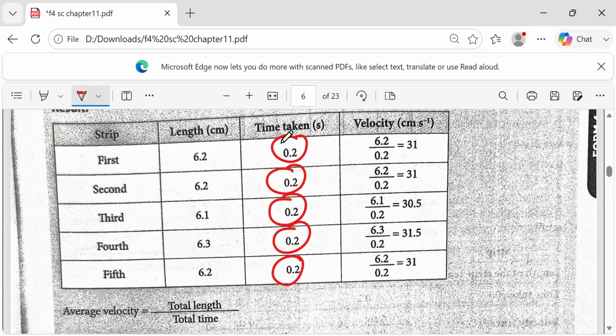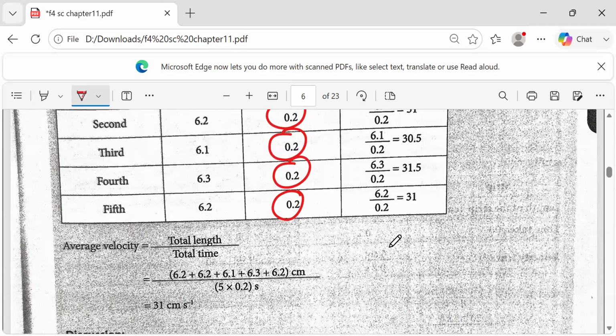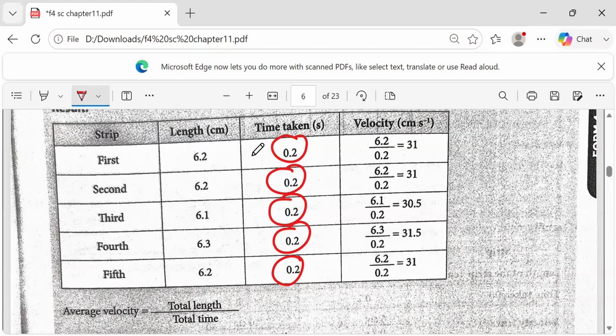Distance over time is the speed. So you see their speeds are almost the same. So average is the total distance over total time. This one you must remember, because they will ask you how much time 10 ticks is, and then you must measure the length over the 0.2 seconds.